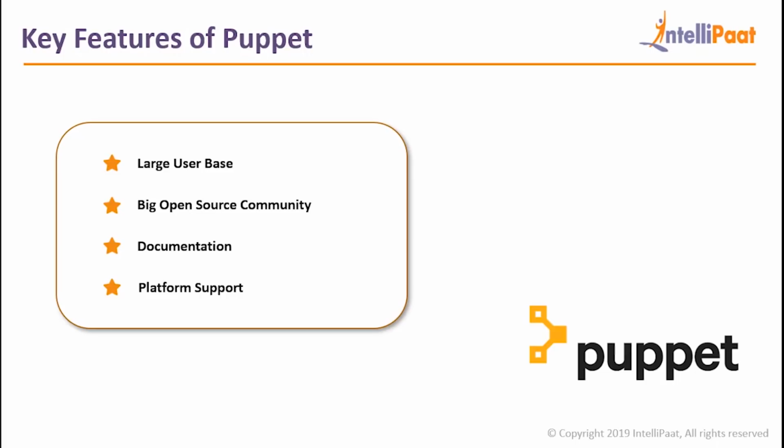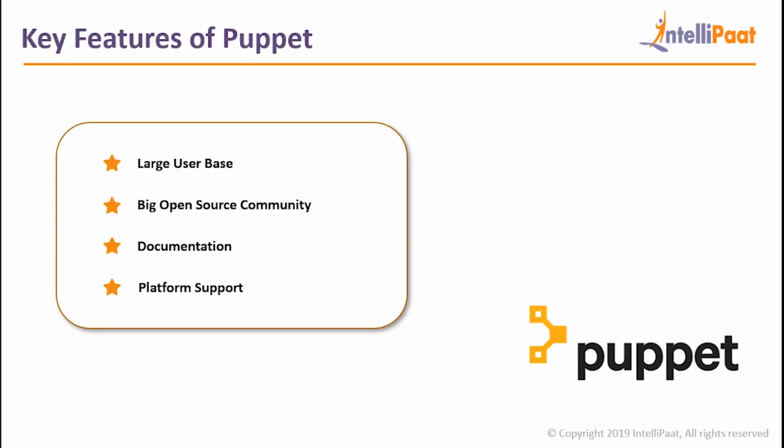So the quality of features and the quality that this tool has to offer is more than what a private company can produce, right? So this is a key feature of Puppet, that there's a large open source community which keeps on adding features, keeps on resolving bugs, and keeps the Puppet software in its most optimal state, right? The third thing is documentation.